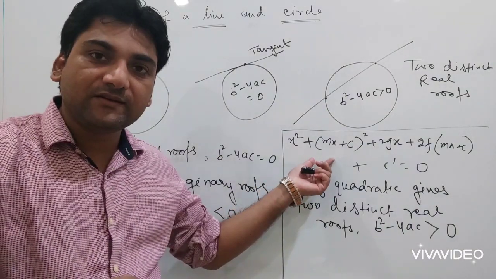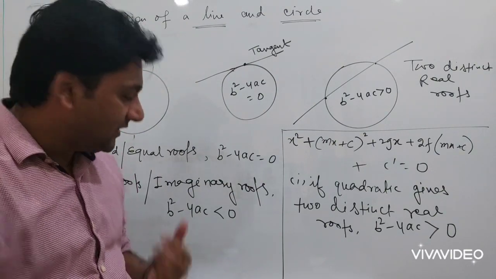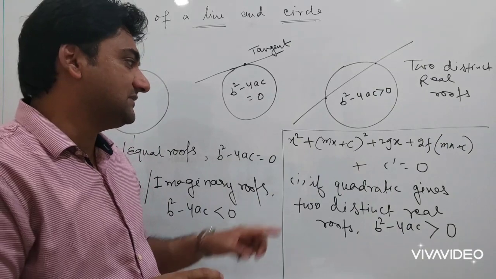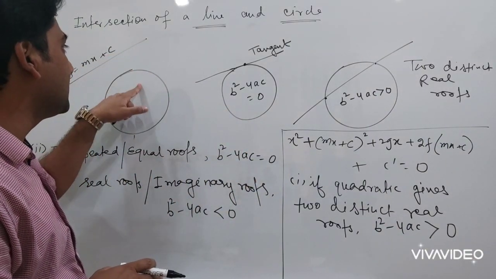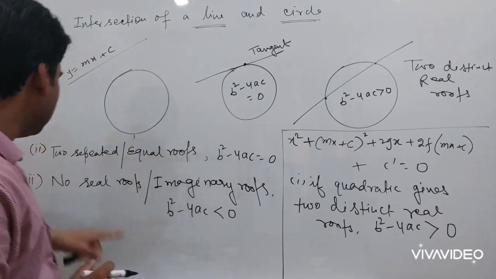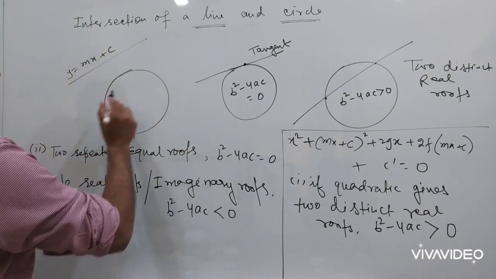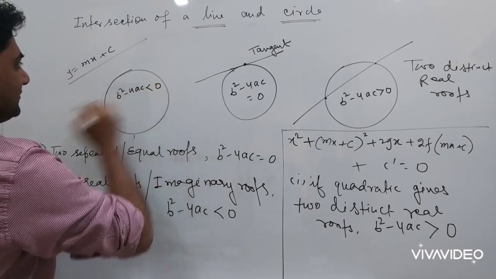When we have solved it and got b square minus 4ac less than 0, we will say there are no real roots. It means this one line and the circle won't intersect. So guys, no real roots means neither touching nor intersecting. It means b square minus 4ac less than 0.